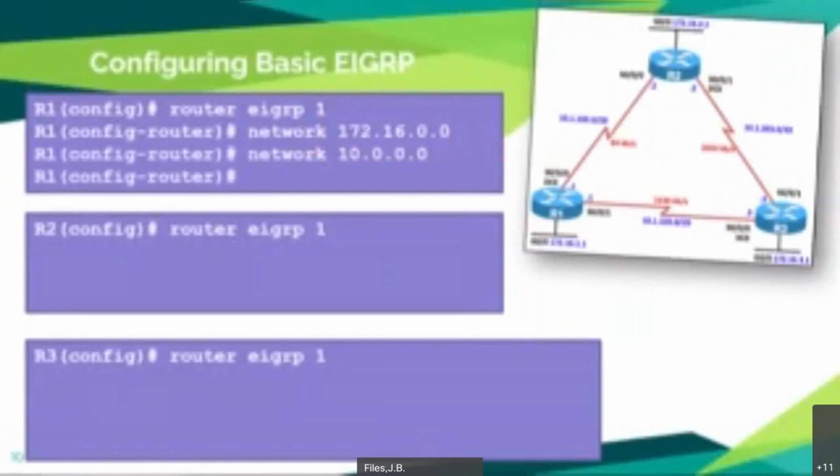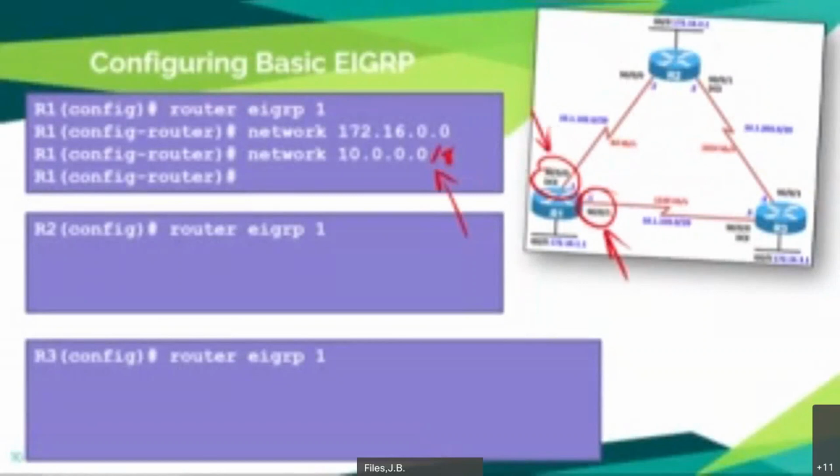And then 10.0.0.0/8. So everything in the 10 dot network, right? So that's these interfaces. Once the interfaces are participating, so notice this one command is making two interfaces participate.